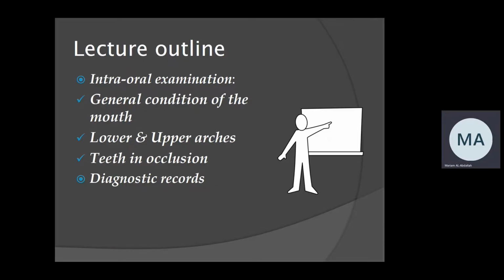This should include the general condition of the mouth, and then examining the lower arch alone, the upper arch alone, and then teeth in occlusion, so the relationship between upper and lower teeth in maximum intercuspation. Then we will talk a little bit about the diagnostic records necessary.